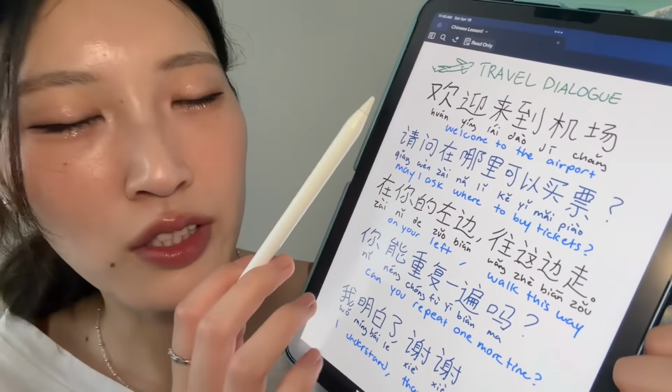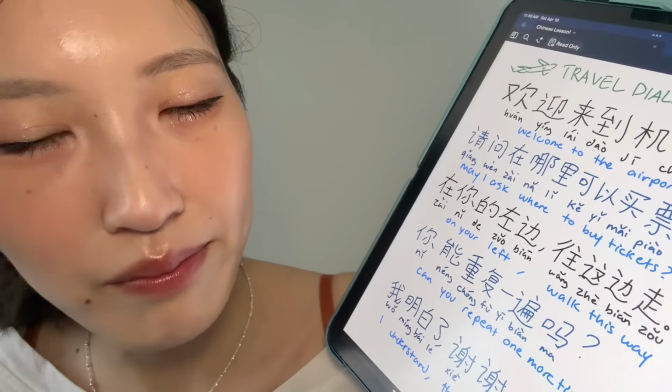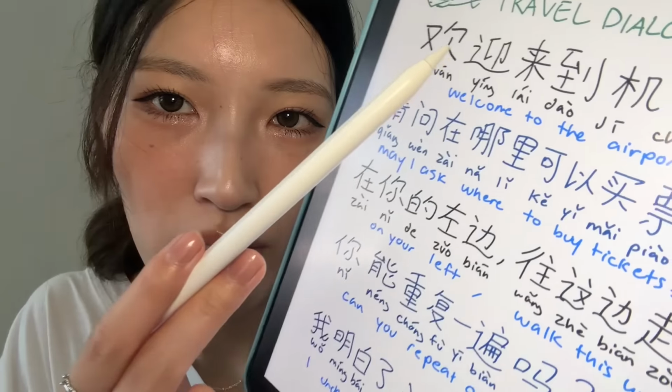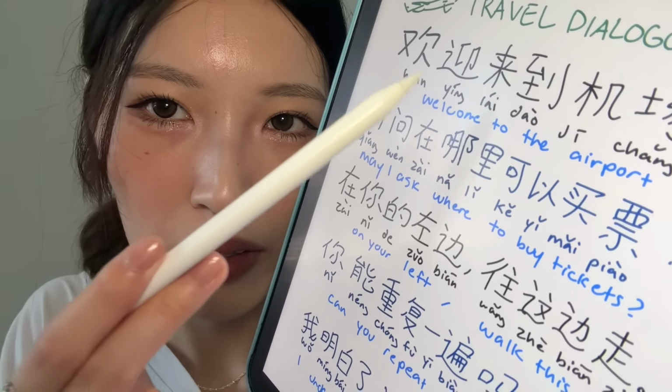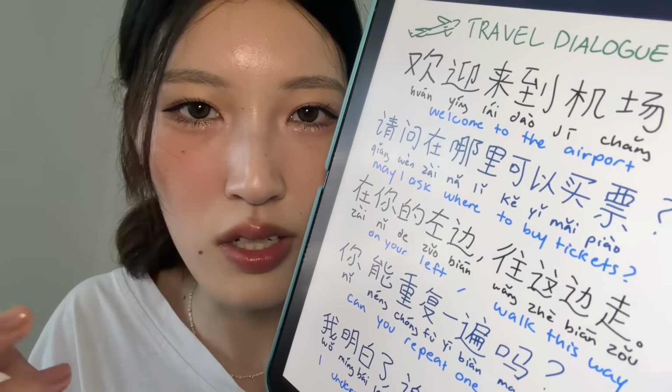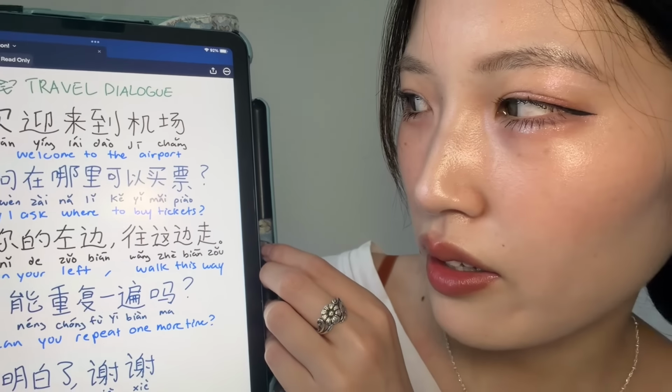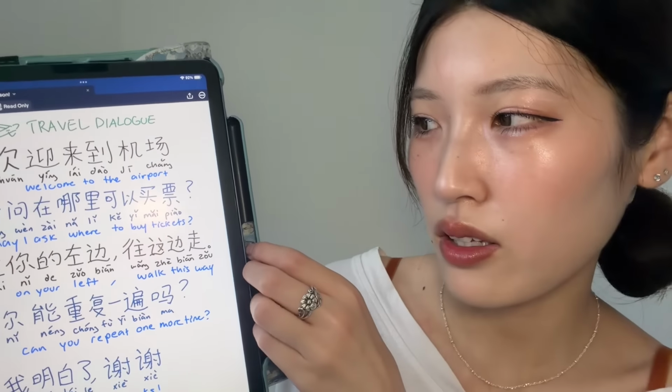So I'll just read over the whole thing and then we can take turns, okay? Just listen and pay attention once again to the pinyin, how I pronounce everything, and then the translations. So 欢迎来到机场. I feel like most of the time it'll be more like 欢迎来到浦东机场.